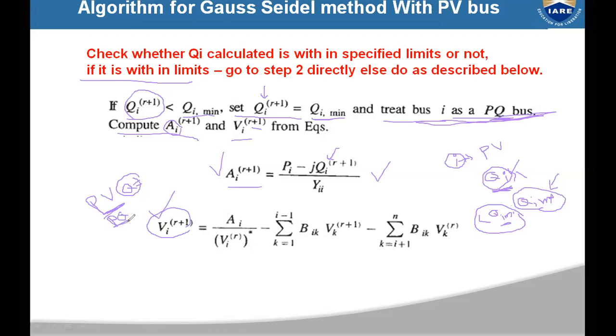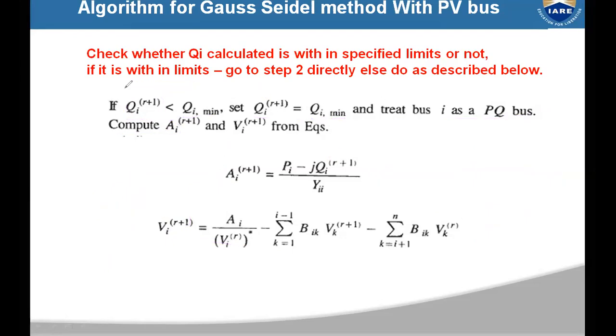When you treat it as a PQ bus, you have to calculate the voltage using this expression: in the r plus 1th iteration, Vi r plus 1 is equal to Ai by Vi at the rth iteration conjugate, minus sigma k equal to 1 to i minus 1 Yik into Vk r plus 1, minus sigma k equal to i plus 1 to n Yik Vk in the rth iteration. By using this expression, you have to determine the voltage at that particular bus.